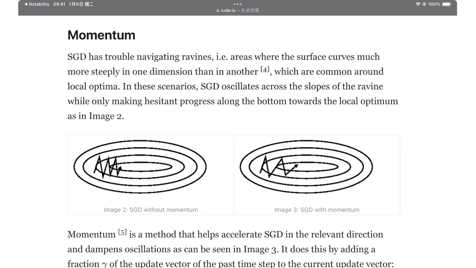So with momentum means when you always go to the same direction when you do partial differentiation, if certain axis always goes to some direction, you can increase a little bit the steps, or the amount of value to the next theta.